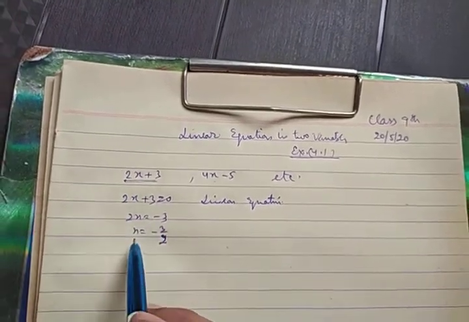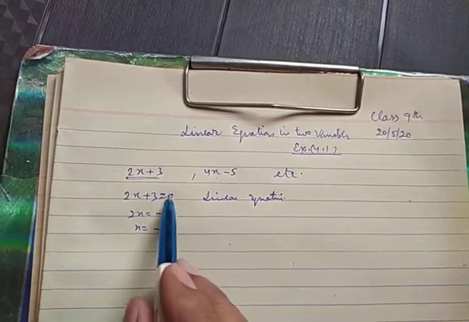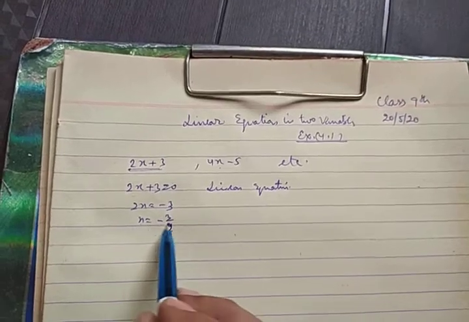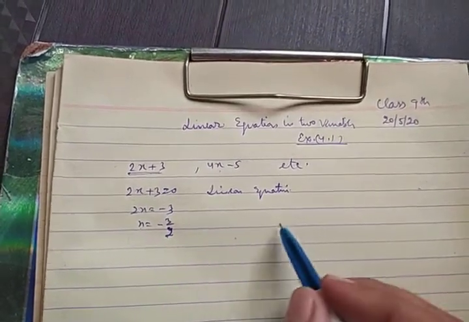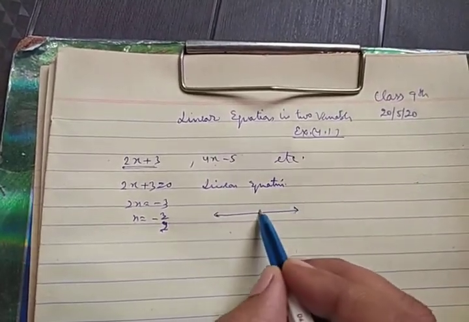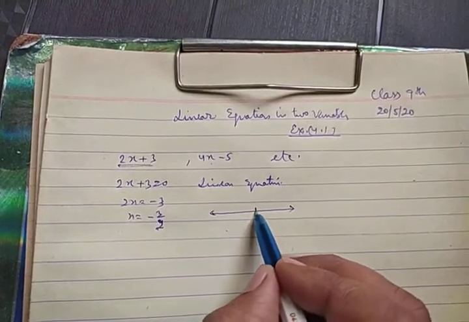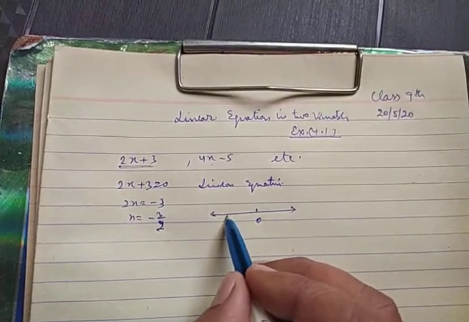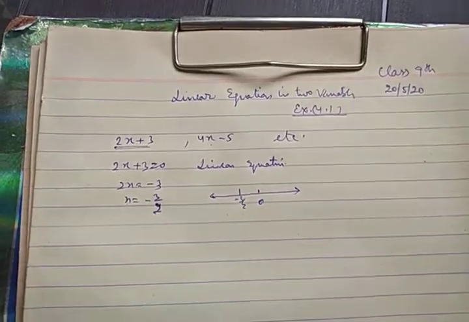It does mean the value of x, minus 3 by 2, is the solution of this linear equation. This can be plotted on the number line. Only a single value is here. On the number line, there would be 0 as the starting point, and on the left negative values lie. Then somewhere it would be minus 3 by 2.